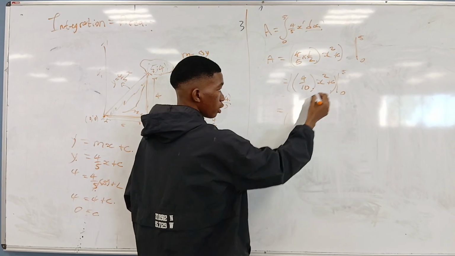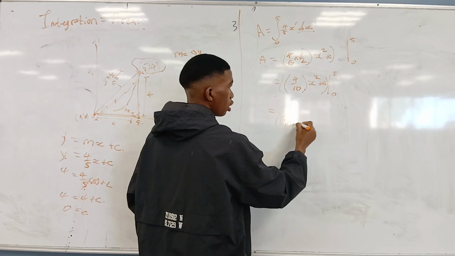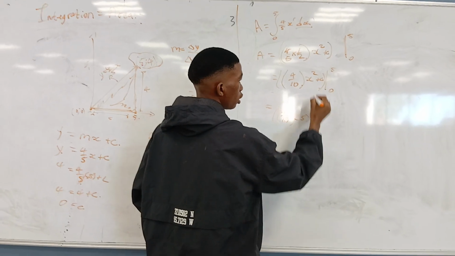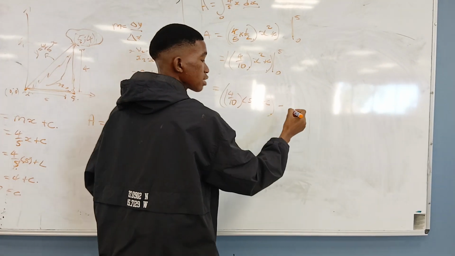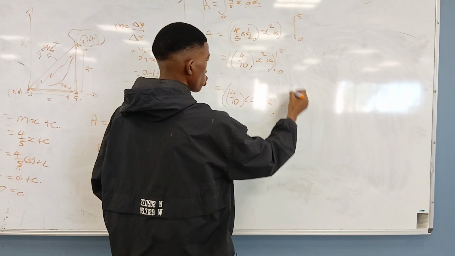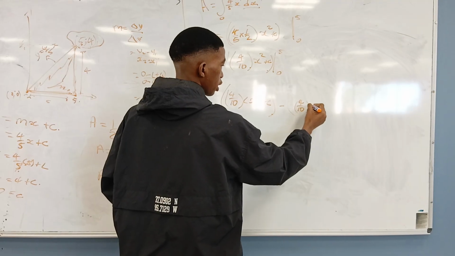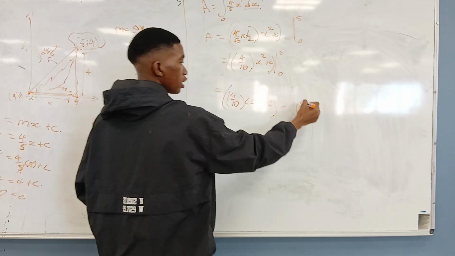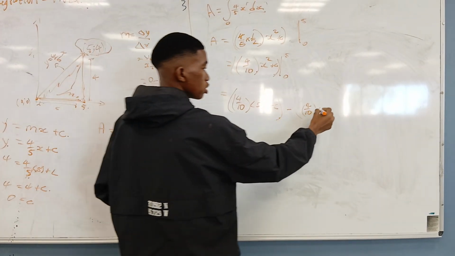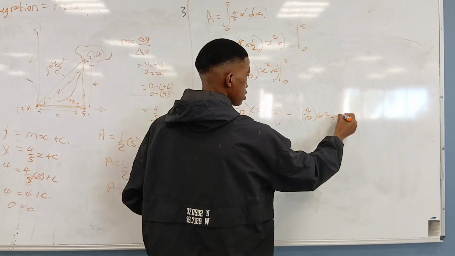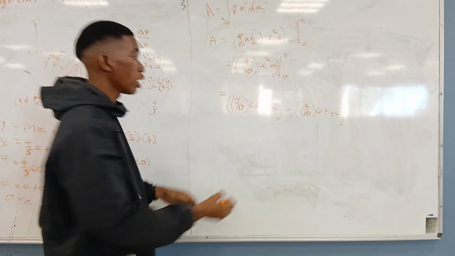So the final is 4 all over 10, and then we have 5 squared plus c, close bracket, minus the initial. The initial is going to give us 4 all over 10, and inside the initial is 0. The initial position was 0 in the graph. So it's going to be 0 squared plus c, close bracket. Now we're done incorporating this limit into our integration.